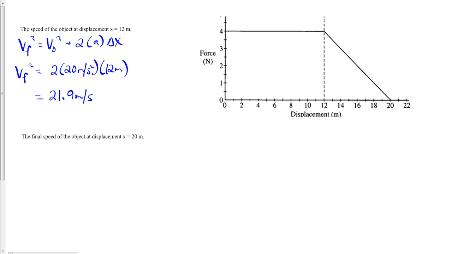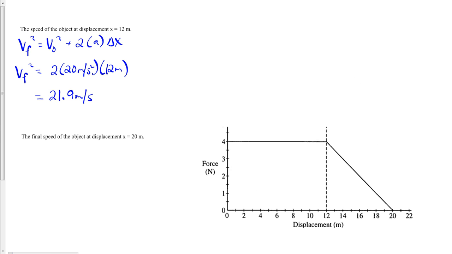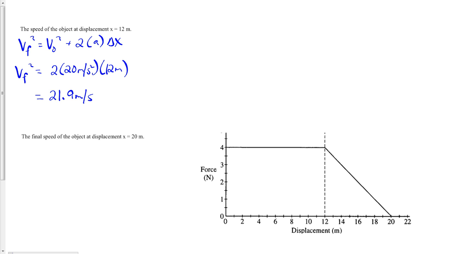There's an alternate method using what we've been learning here. The work-energy theorem. Once we know how much work is done on something, we can find out speed. The work done on the object causes a change in kinetic energy. The initial kinetic energy is 0, so the work is just equal to the kinetic energy that it ends with.